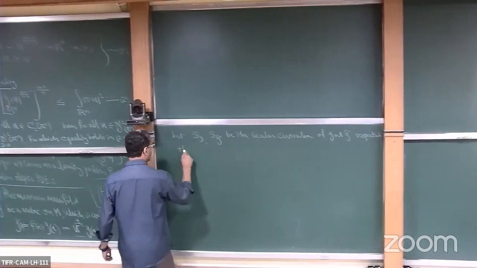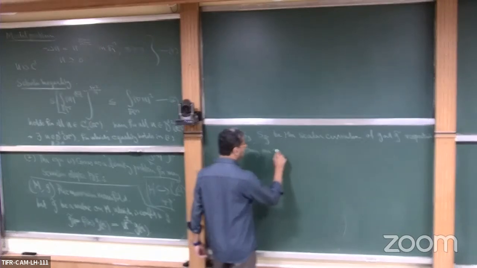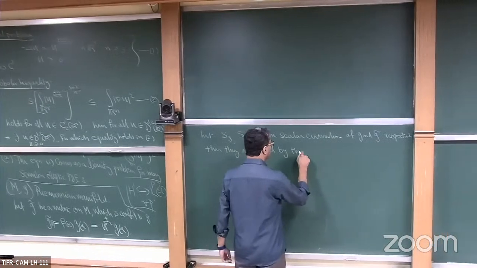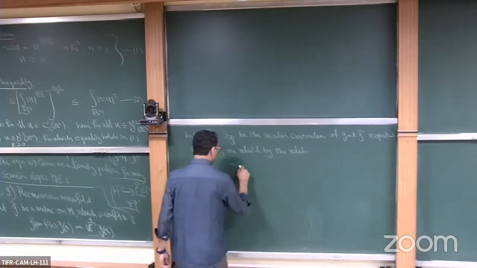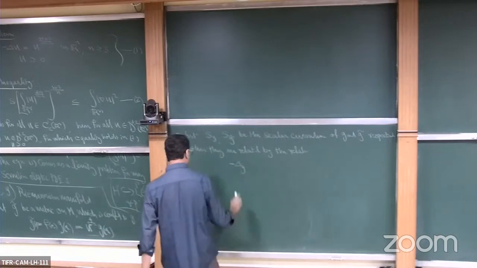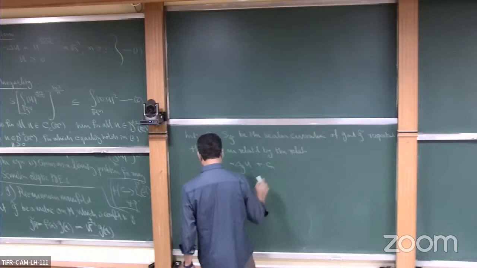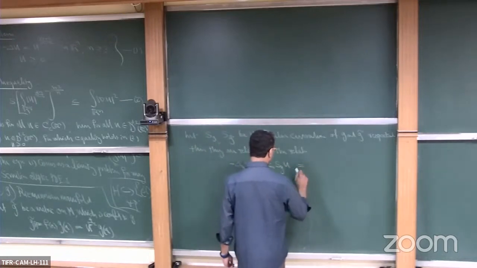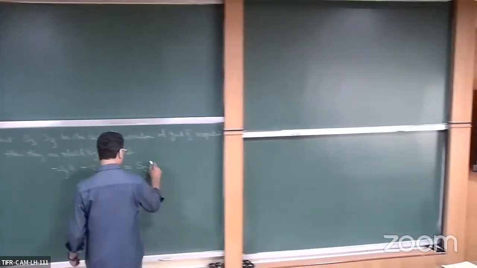Then they are related by the relation minus the Laplace-Beltrami of the manifold of u, plus a dimensional constant times the scalar curvature of the original metric times u, that is going to be the scalar curvature of the conformal metric times u to the power.